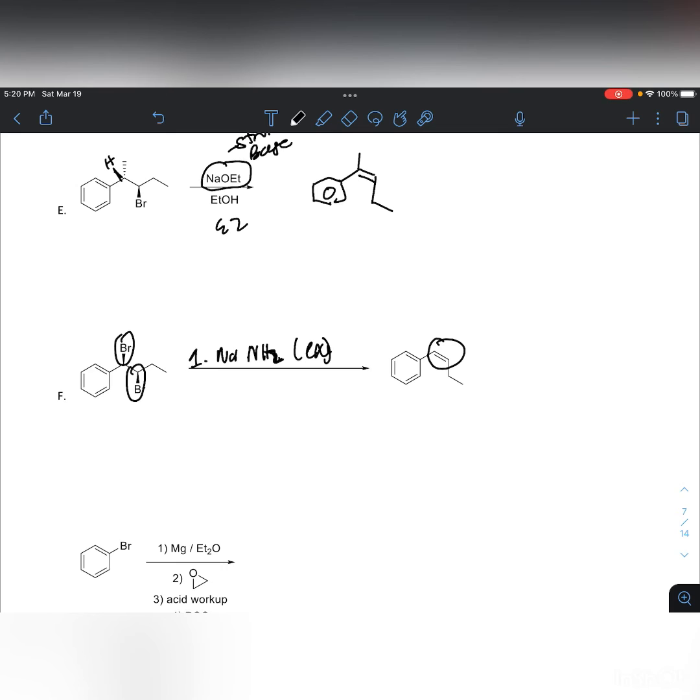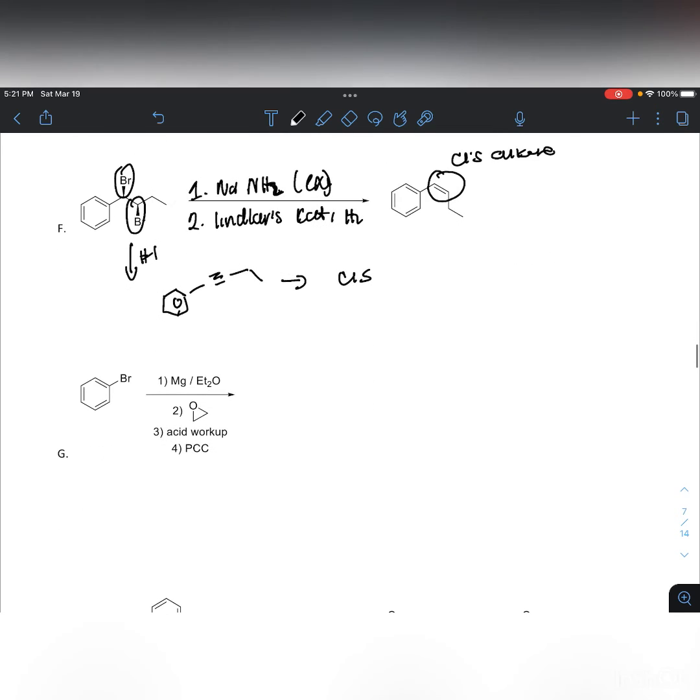So once you do that from step 1, you should form this type of intermediate like this. And then as you can see, we have a cis alkene. So the only catalyst that goes from alkyne to a cis alkene is the Lindlar catalyst. And then you're going to need hydrogen. So that's F. Let's move on to G.